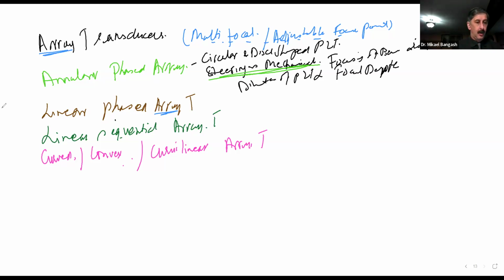In all these cases, what did the term array stand for? That they were able to focus at multiple points. Is that clear? Now, what we also see in the names of these transducers is the common term linear.